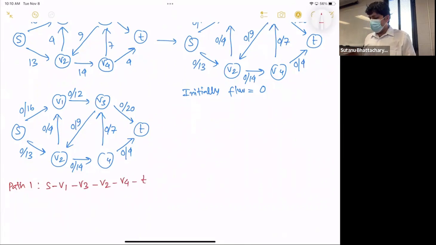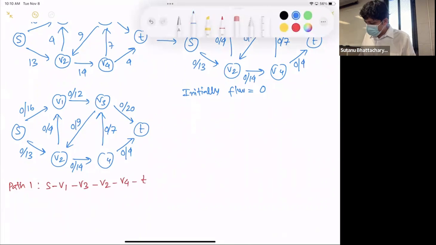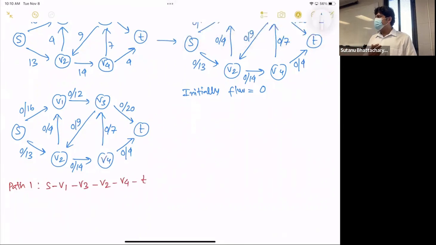And S to V1, the remaining capacity is currently 16 because the flow is 0. V1 to V3, it is 12. V3 to V2, it is 9. V2 to V4, it is 14. V4 to T, it is 4.